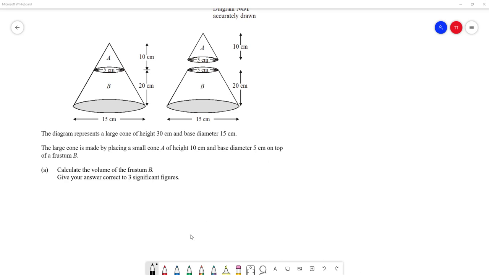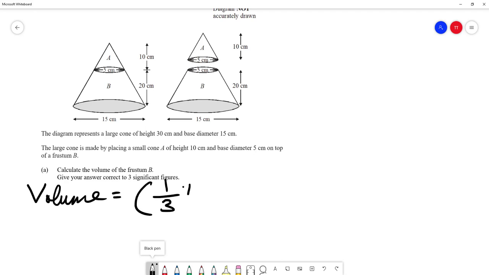Okay, welcome back. So we've got a cone here. It's been cut to make a frustum. We've got the radius of both of them, and we've got the perpendicular height of both of them. So the volume is simply 1/3 pi times the radius of the large cone.